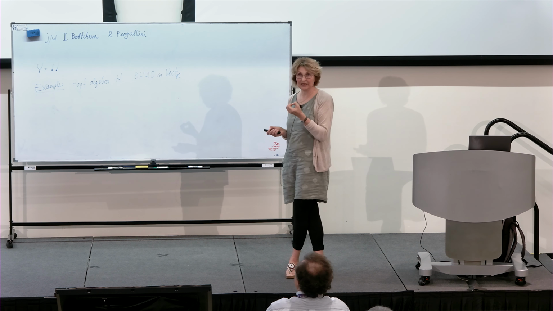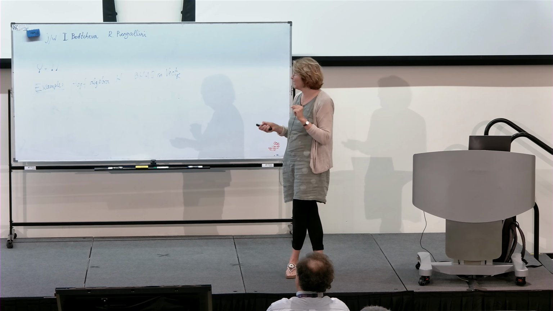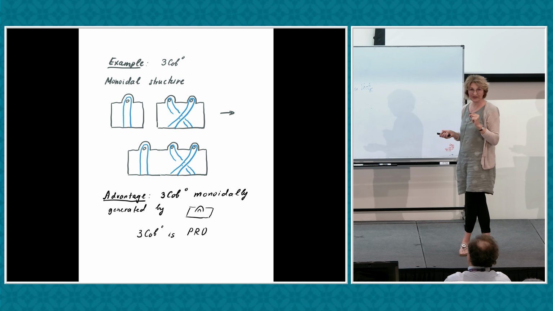So if I have 2 handles and 3 handles, then 2 tensor 3 is just 5 handles. In particular, this means that the whole category is just generated by this one handle.